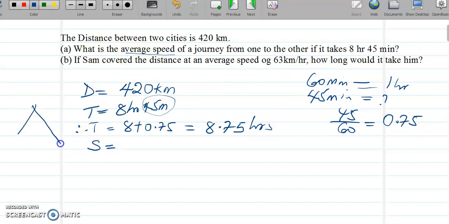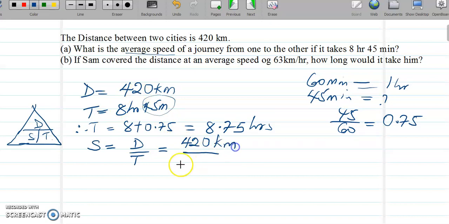Now we are asked to find the average speed. If I draw my triangle, I know that this is speed, this is time, this is distance. So speed is distance over time, and distance is 420 kilometer, while time is 8.75 hours.